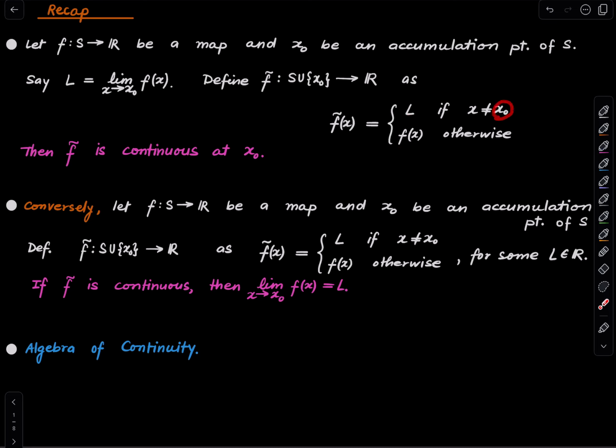And if x0 was not in the set S, then we are just introducing a new point, extending the domain of f and defining f tilde as follows.